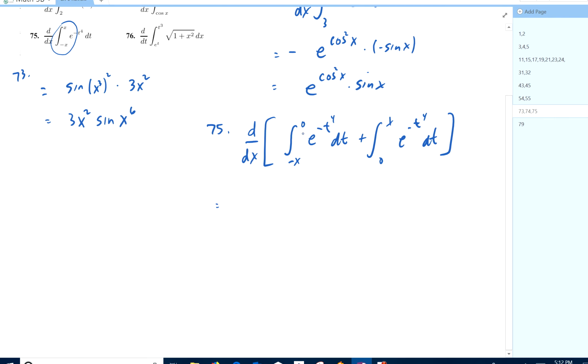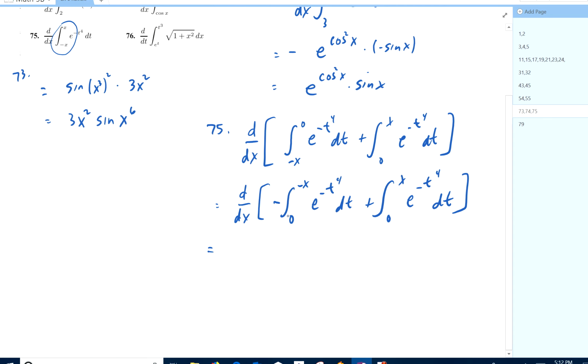And then I've got to get the constant on the bottom, so this is the derivative of the negative integral from 0 to negative x of e to the negative t to the fourth dt, plus the integral from 0 to x of e to the negative t to the fourth dt.